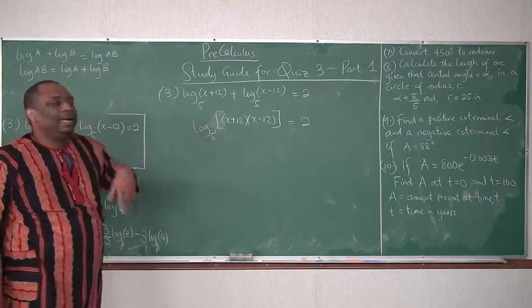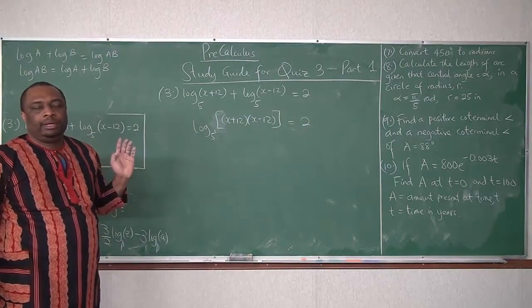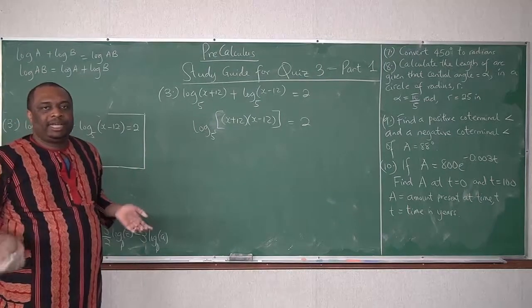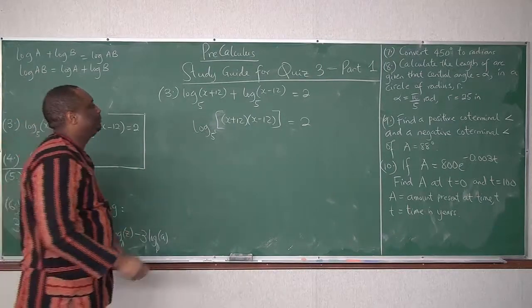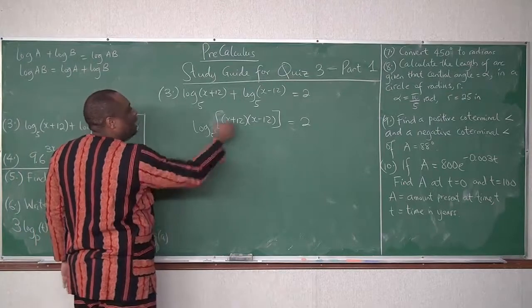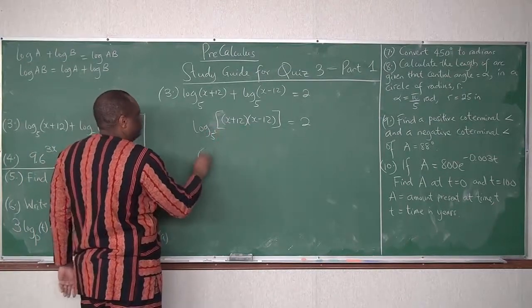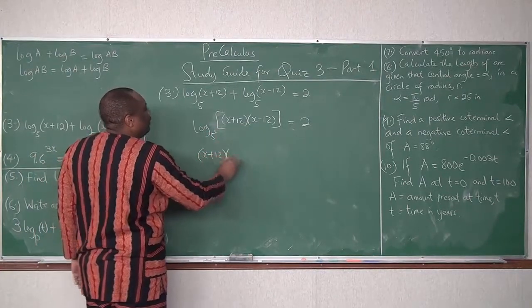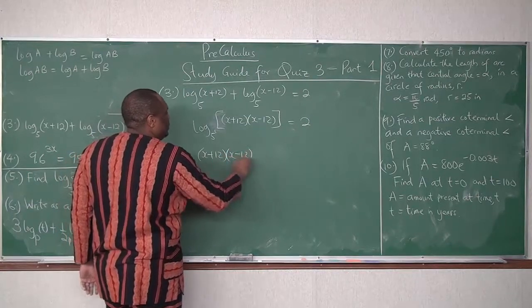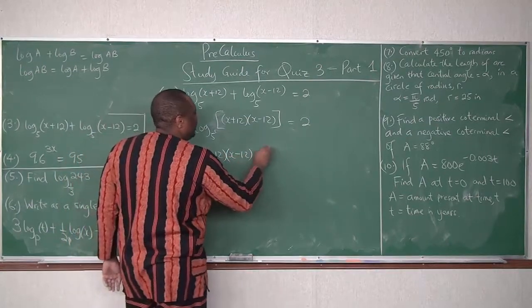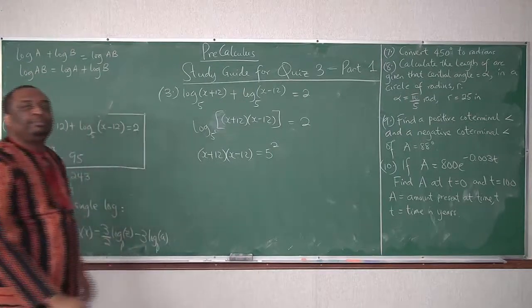Then you can do this by definition of log, that is, convert the logarithms to exponents. We now have x plus 12 times x minus 12 is equal to 5 squared.